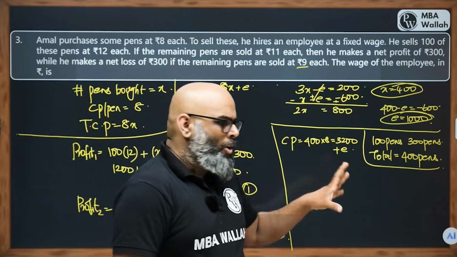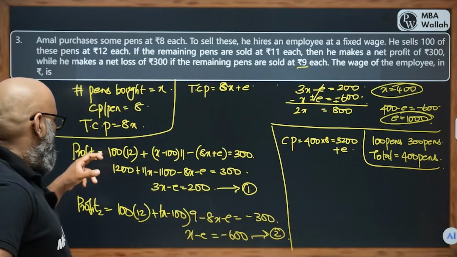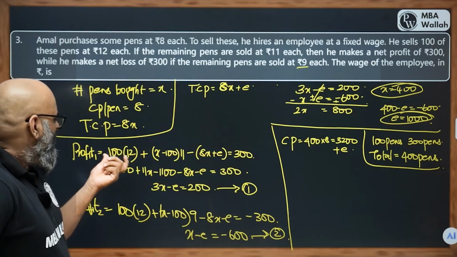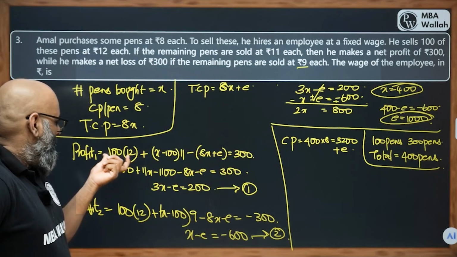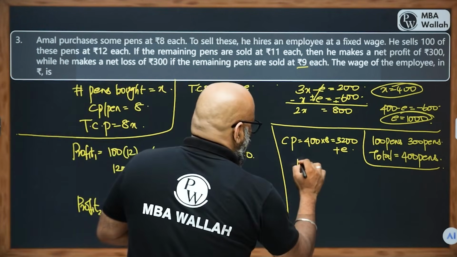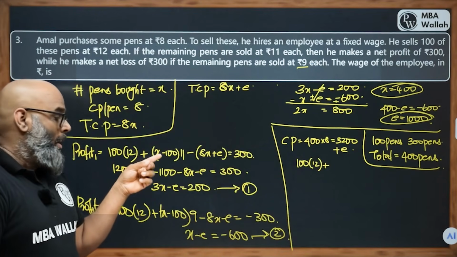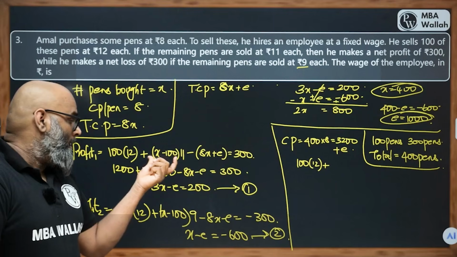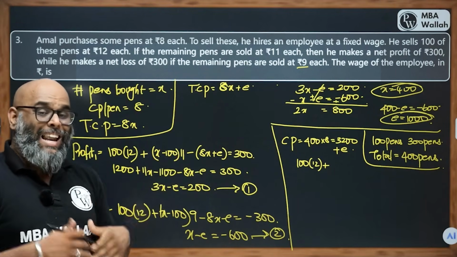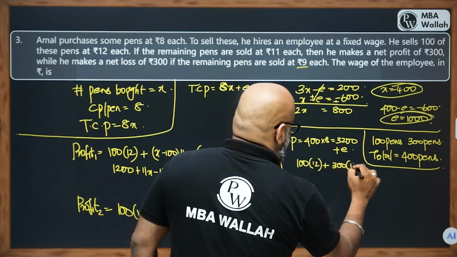In this case, the total selling price will be 100 into 12 plus the remaining 300 pens, all sold at 11 rupees, so plus 300 into 11.